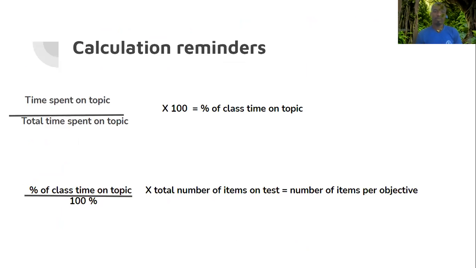All right, so the calculation reminders. It's time spent on topic over the total time spent on topic multiplied by 100, and that is how you get the percentage of class time on topic. The second calculation is percent of class time on topic over 100 multiplied by total number of items on test. That's how you get the number of items per objective.